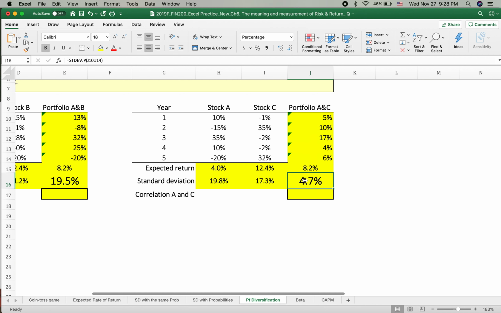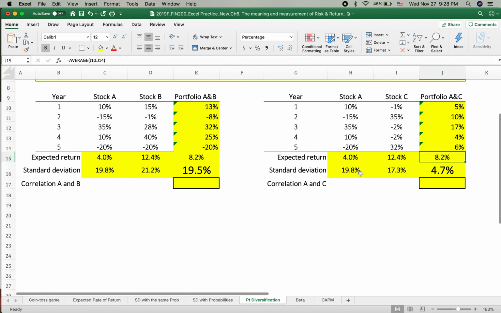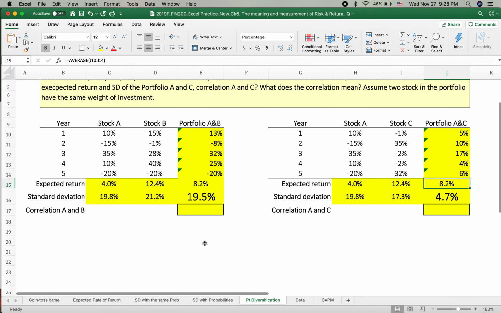Even though the standard deviation was 4.7%, we still make a positive expected rate of return of around 3.5%, whatever, right? So we want to know the causation of this effect, right? Which is correlation. Where does the effect come from?